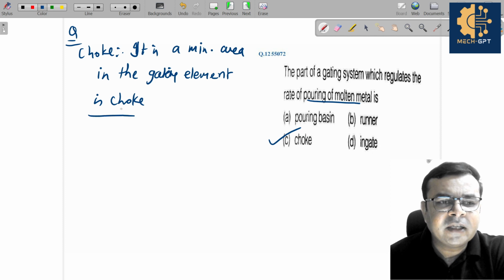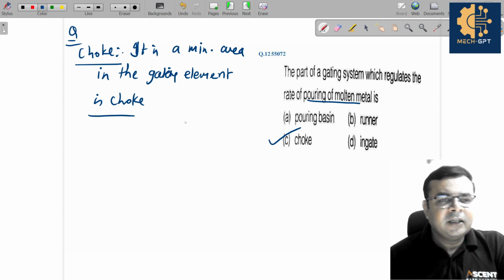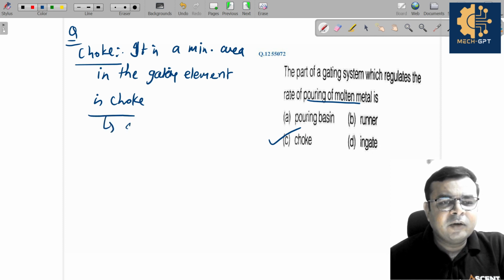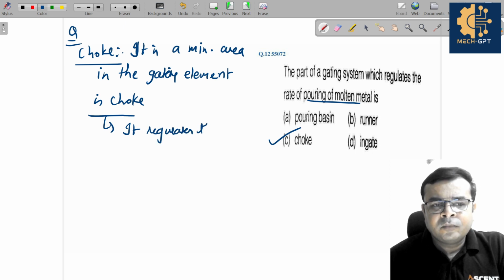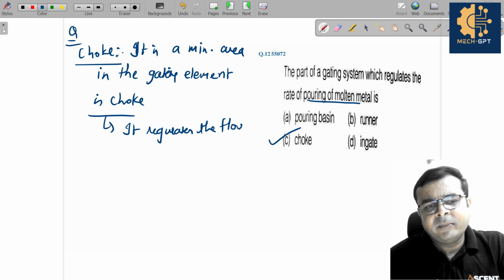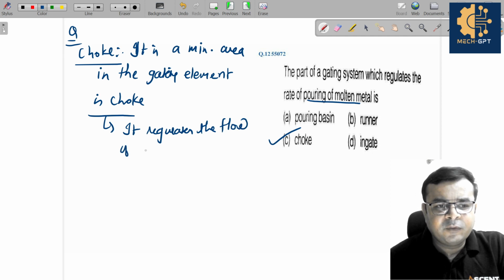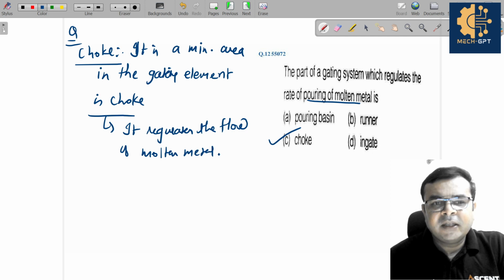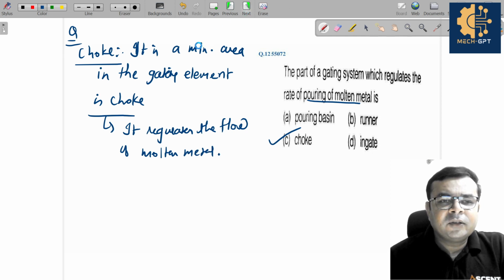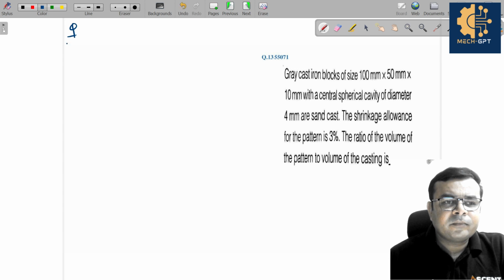The minimum area of the gating element is called the choke, and it regulates the flow of molten metal. Correct? The flow of molten metal. Is it clear? Okay, so let's see the next question.